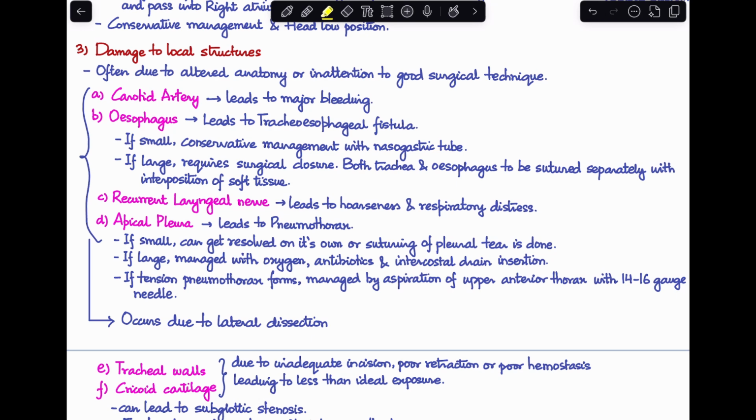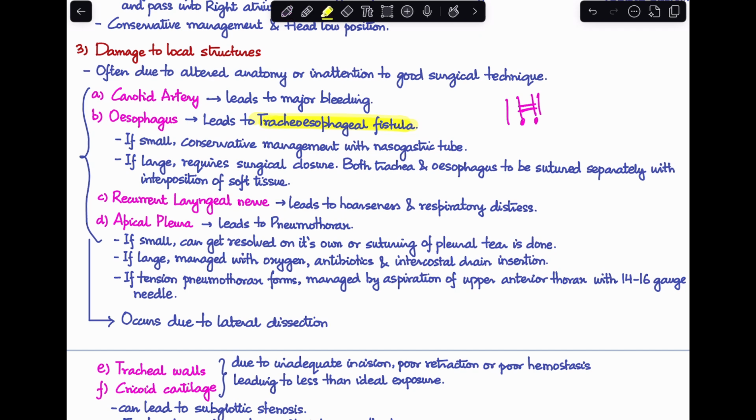Second, the esophagus can get damaged, which lies posterior to the trachea. Now, if the esophagus gets damaged, it can lead to the development of a tracheoesophageal fistula, where basically, if this is the trachea and this is the esophagus, a communication develops between the posterior wall of trachea and the anterior wall of esophagus. This leads to a fistula formation.